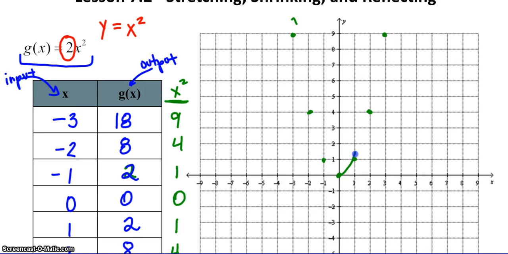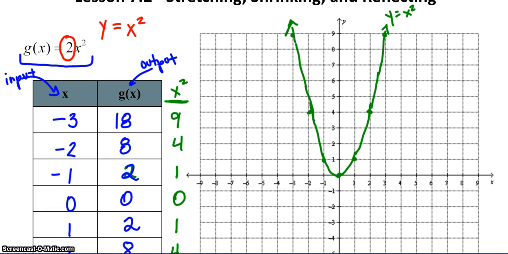So I'm going to try and make this as nice as possible. And I'll come in from the other side of the parabola where it's decreasing. There we go. A little bit better. And I might have to clean it up just a little. There we go. So there's our parent function for y equals x squared.